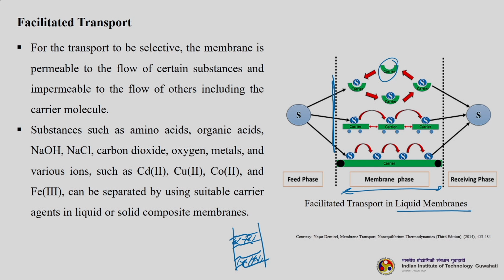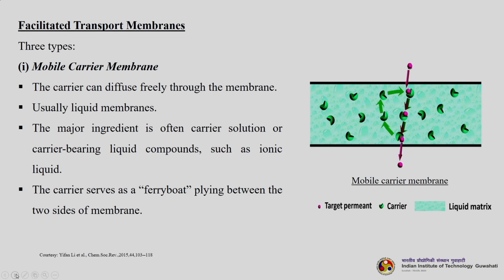You can see this is a carrier and this one is the solute complex. Now, by virtue of the concentration difference, this carrier complex moves across the membrane. When it reaches the receiving phase side, your solute gets dissociated and your carrier gets renewed. This is how facilitated transport happens.